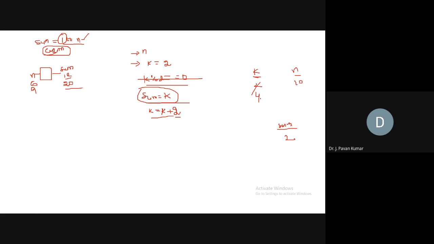Directly we can add this 4 to the previous sum. So how does it have to be changed? Sum is equal to whatever sum we have plus k. So sum is equal to sum plus k, then it will become 6.